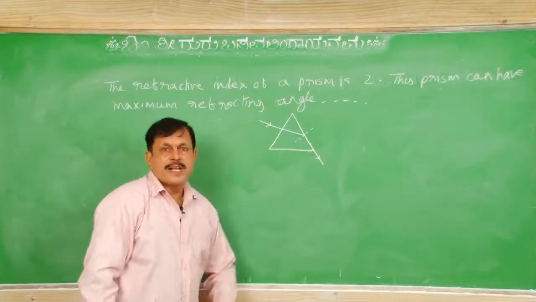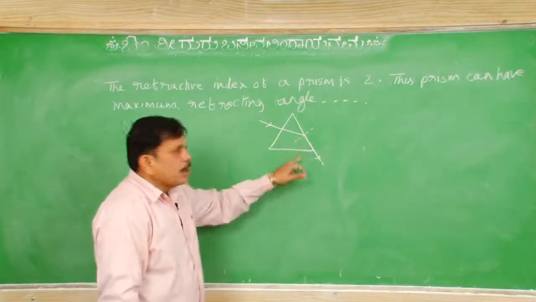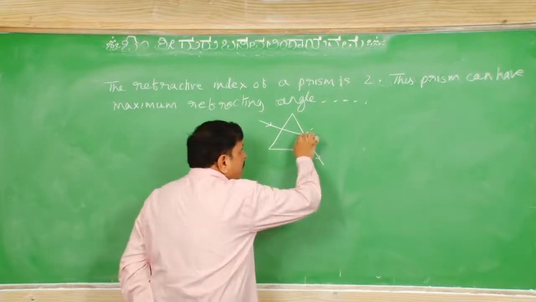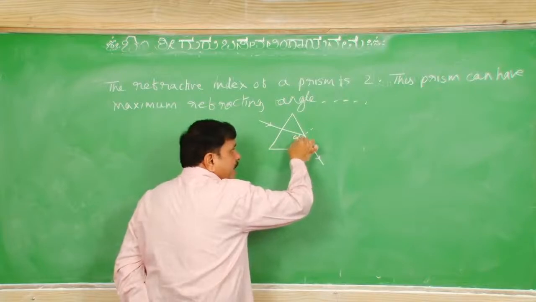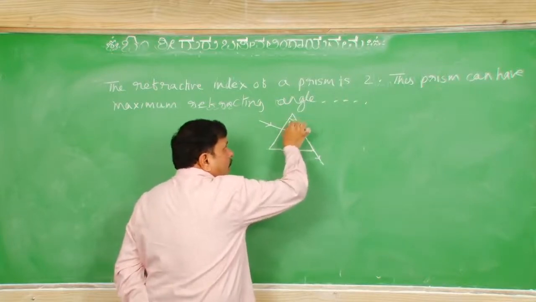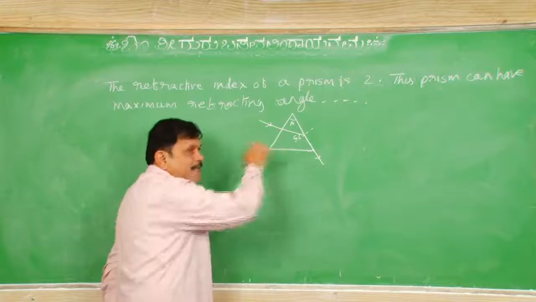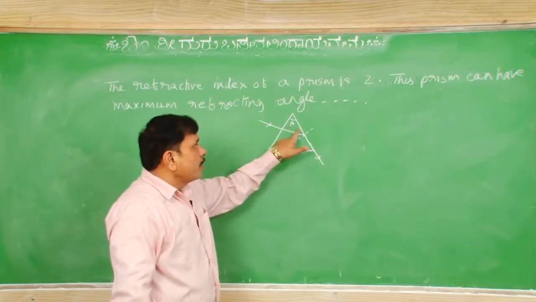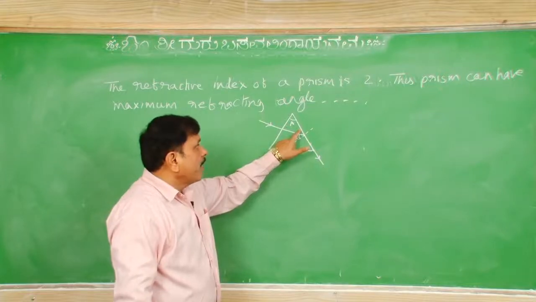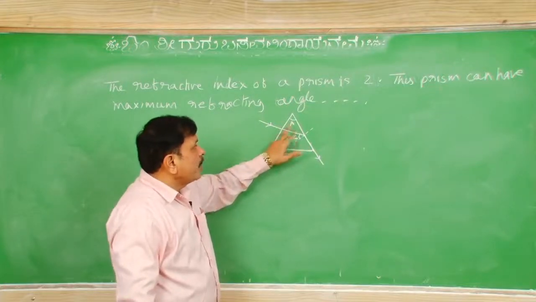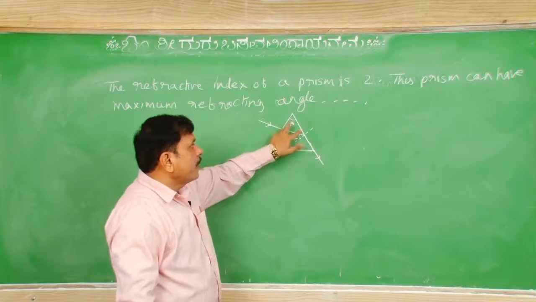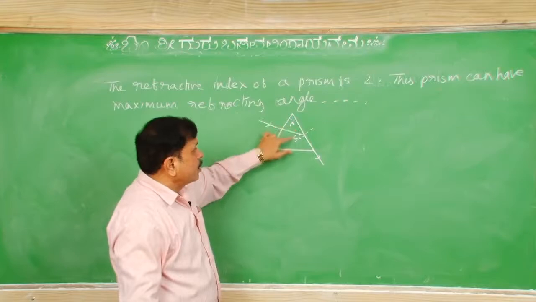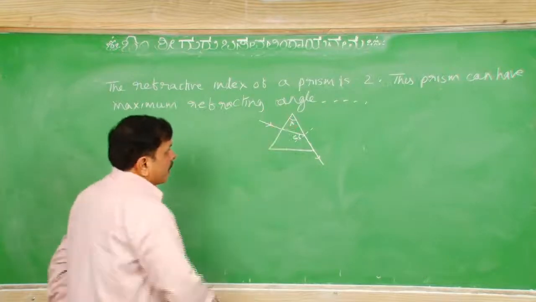If the angle of incidence is slightly greater, then it undergoes total internal reflection. So this angle we can take as C, the critical angle, and if this angle is A, by symmetry of the triangle the other is 90 degrees. Say it is theta. Then this angle plus theta should be equal to 90. So A will be equal to C.